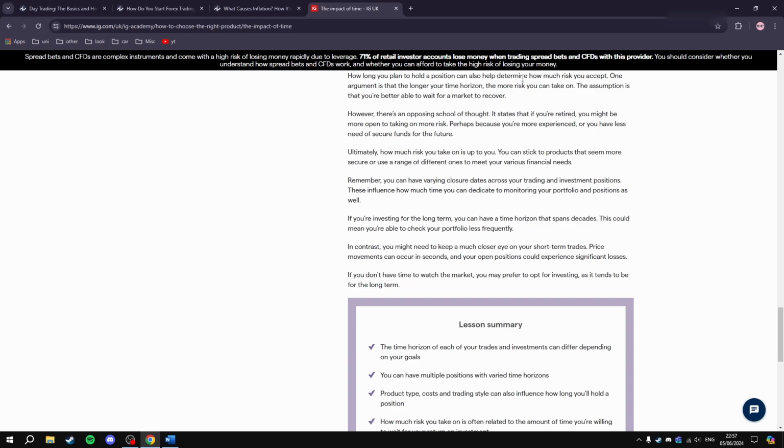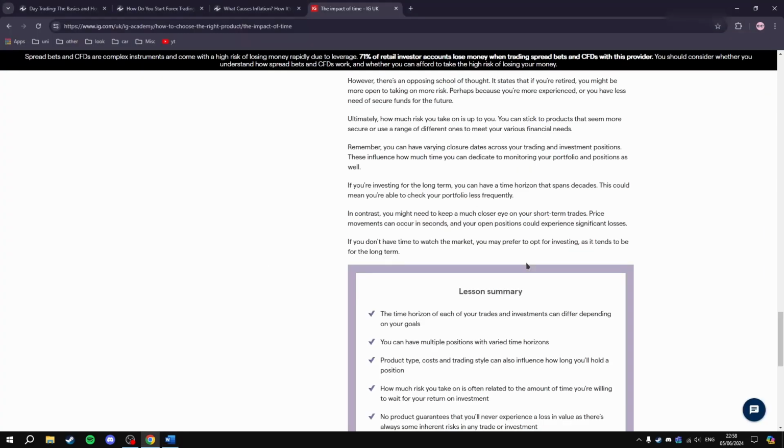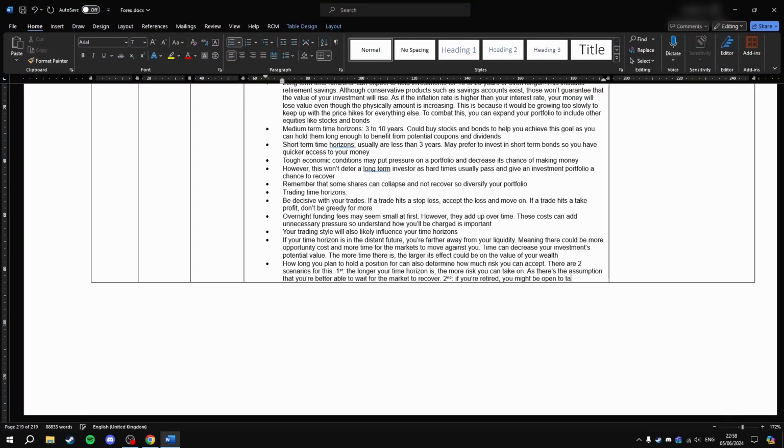So I might as well just try to gamble and see if I can dramatically increase the value of my investment, right? So you can take on more risk to see if you can get a bigger return on your investment. If you're retired, you might be open to taking on more risk.